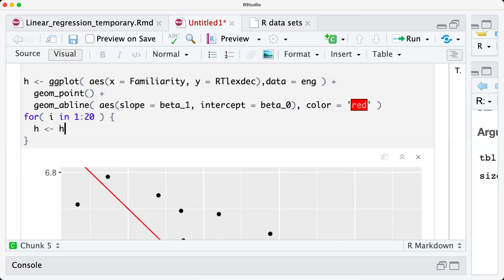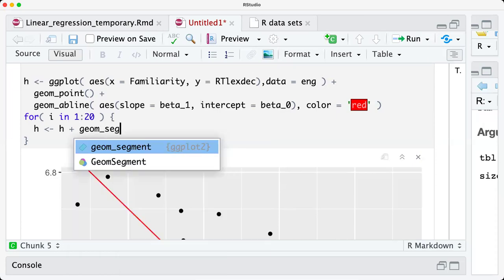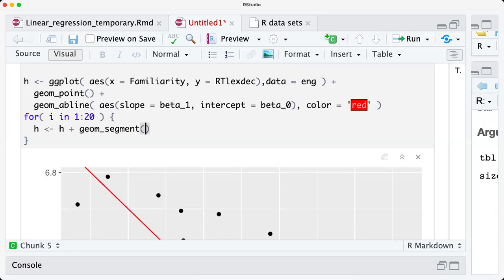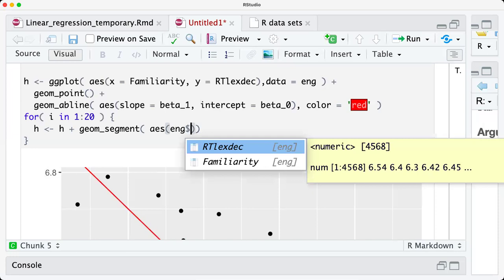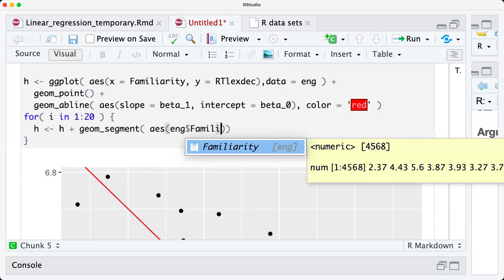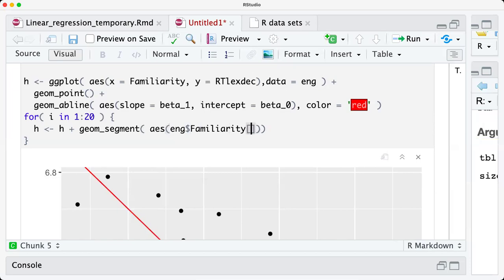So in each step, h goes to h plus a segment. The segment will go from x, which is the English familiarity, i. So this is the first x. Then there is the y, which is the one that we have.